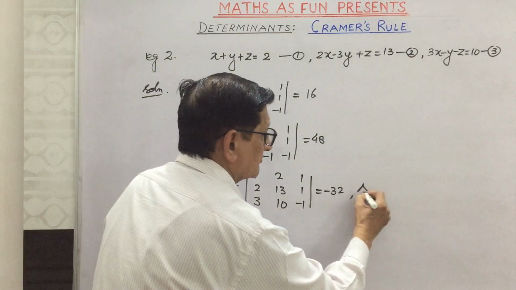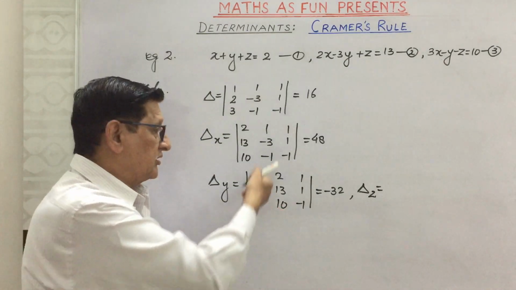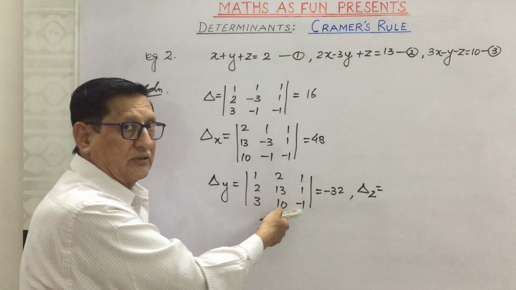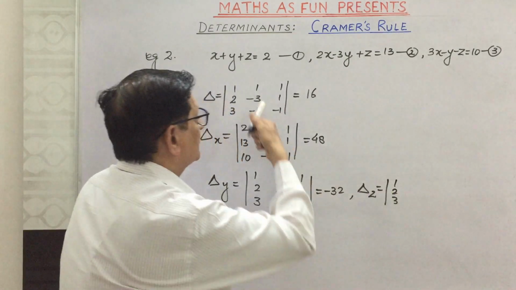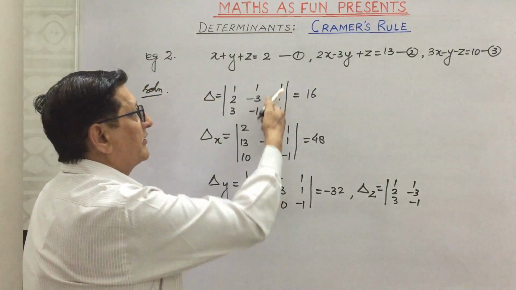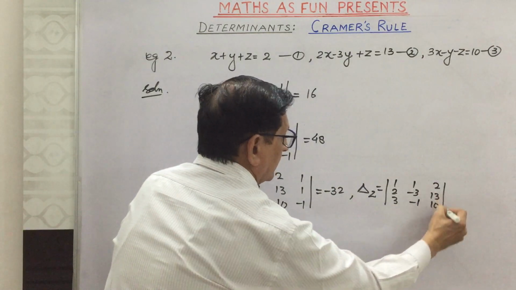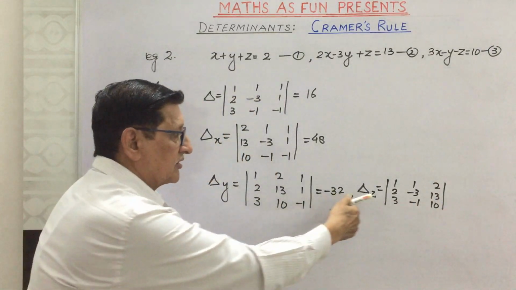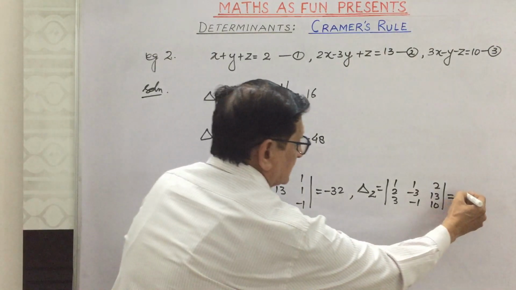Delta z. Here we will replace the third column, the coefficients of z, by the constant terms. So we will find it here 1, 2, 3, 1, minus 3, minus 1, and here this will be 2, 13 and 10. And when we calculate the value of this, the value will come as 16.